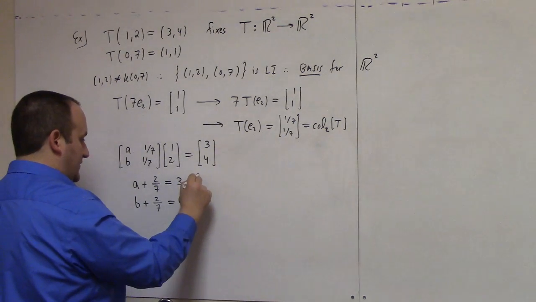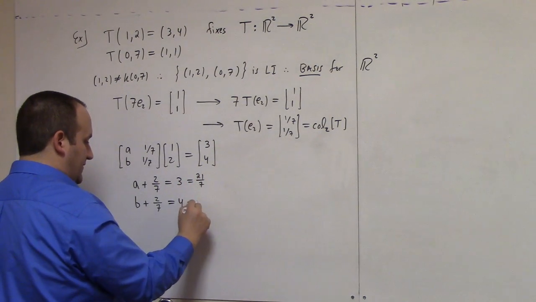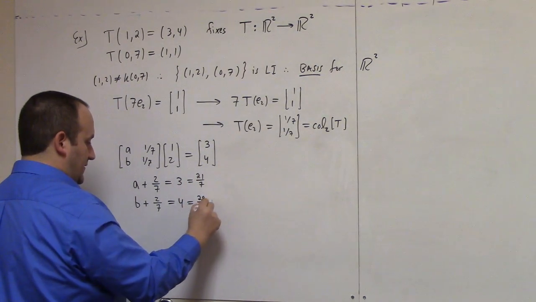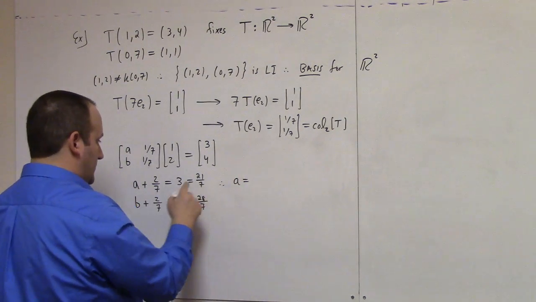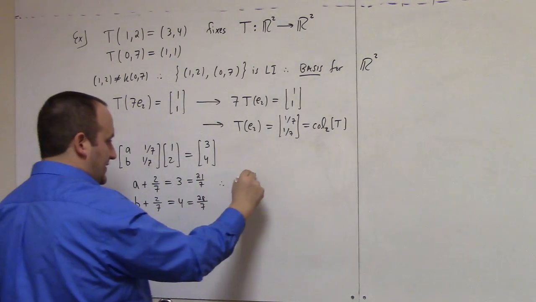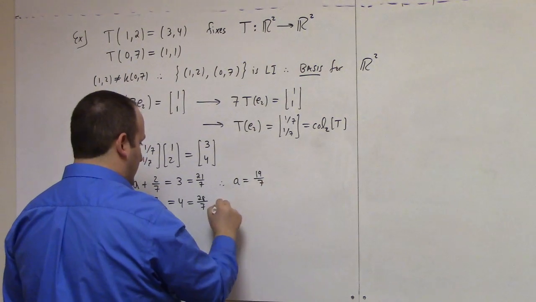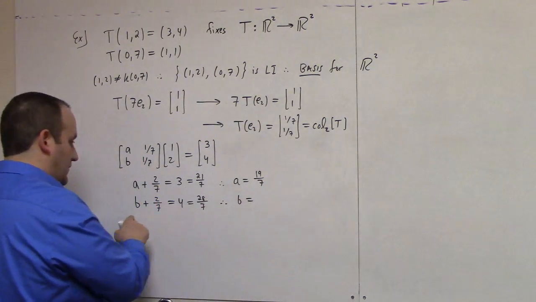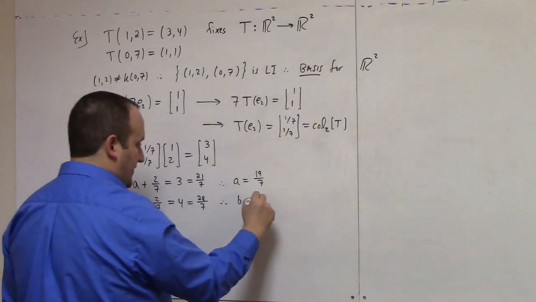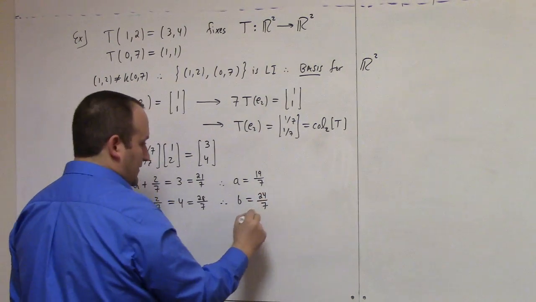Eventually I'll learn how to multiply. 3 is otherwise known as 21/7, and 4 is otherwise known as 28/7. So therefore A is equal to 19/7, and B is equal to 24/7. And so there you have it.